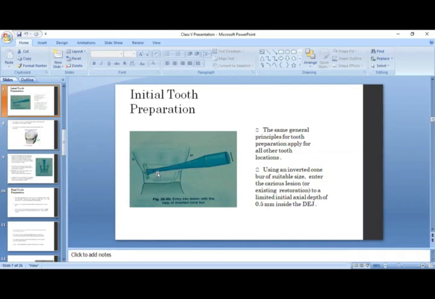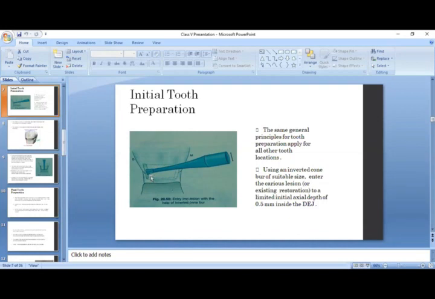So we just place an inverted cone burr. This is the axial wall. This is the axial depth. It should be 0.5 millimeter inside the dentino enamel junction. In order to design that wall, we need to use an inverted cone burr, because you can easily see the inverted cone burr is basically flat. It's like a triangle, where the base of the triangle is straight and the triangle goes upward in a triangular direction.